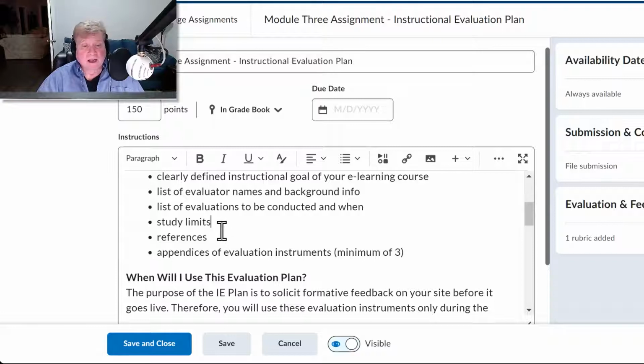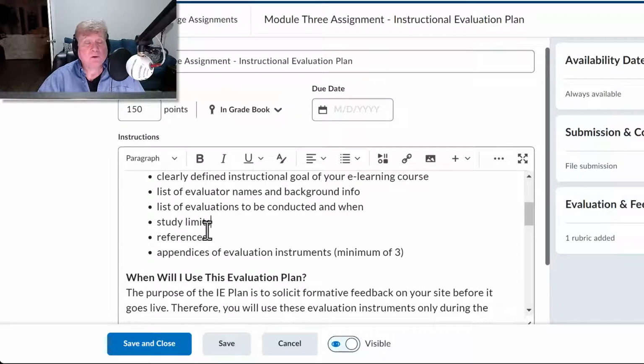You want to address those. I think your instructional evaluation will be taking place during the next 4-week course. So whatever instructional evaluations you're going to conduct, be sure that you are working within the confines of the next 4 weeks of the course. You do not, I repeat, you do not actually conduct your IE plans during this course.